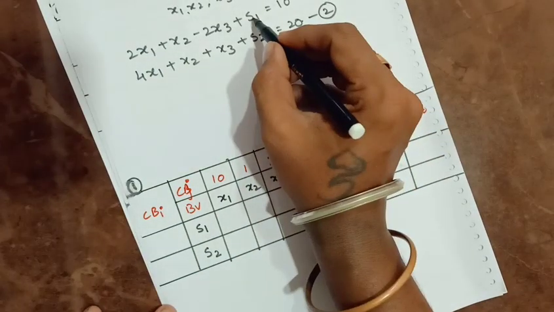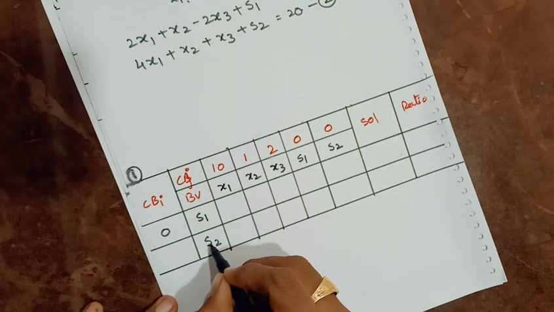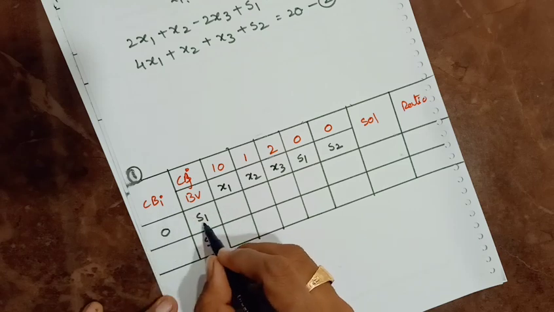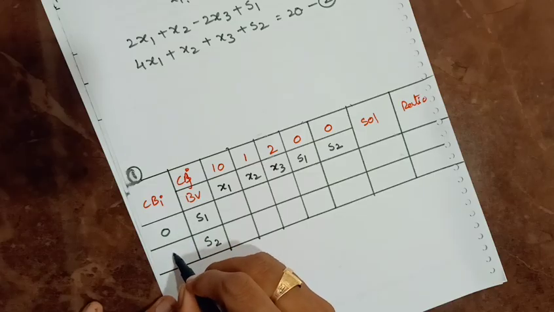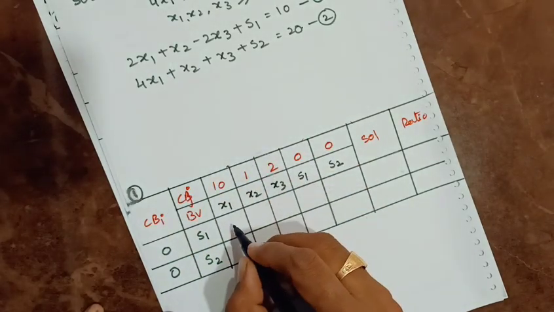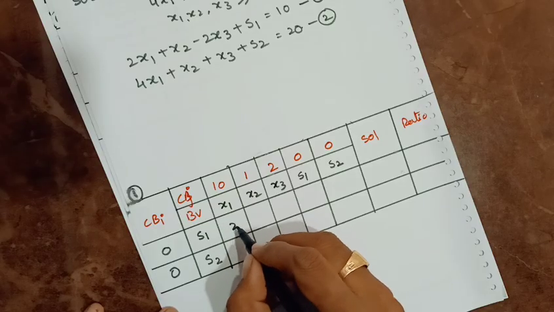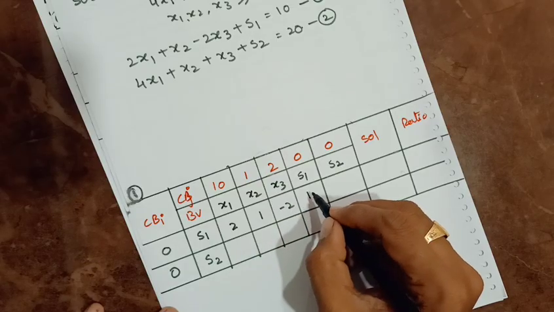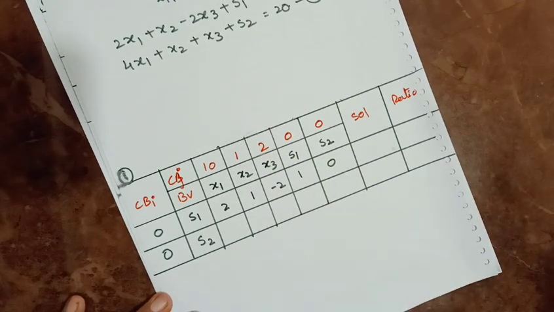For s1 the coefficient is 0. So I am writing here the coefficient of the basic variable. So for slack variable the coefficient is 0, 0. And here for x1, 2, 1, minus 2, 1, and as s2 is not there, we are considering it as 0.